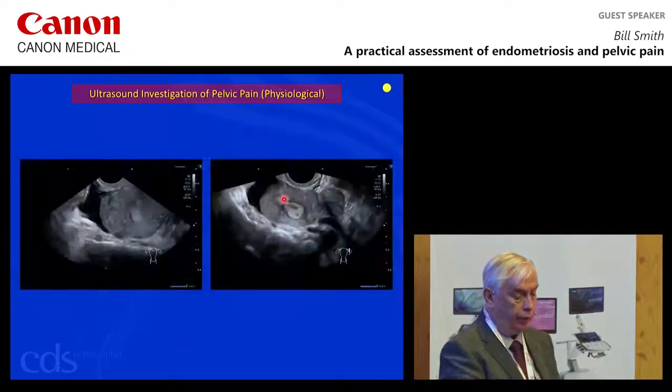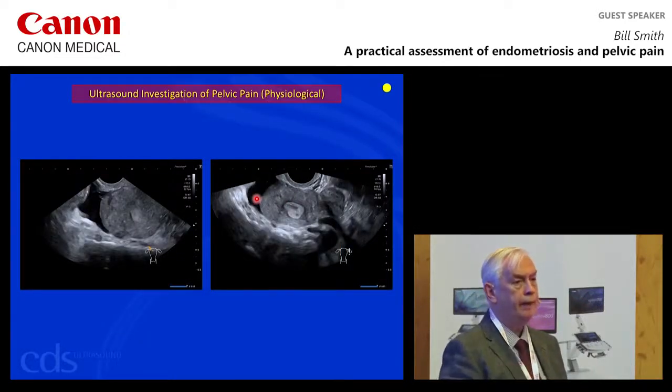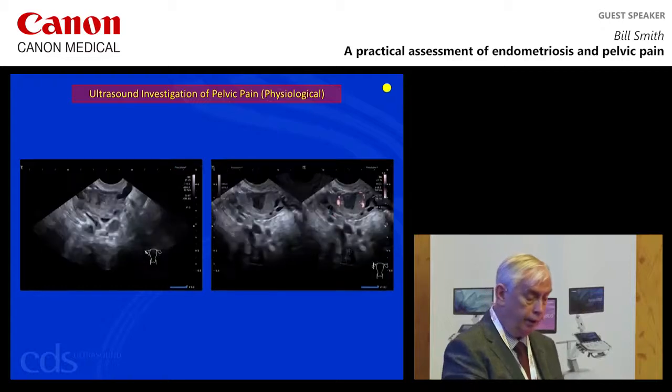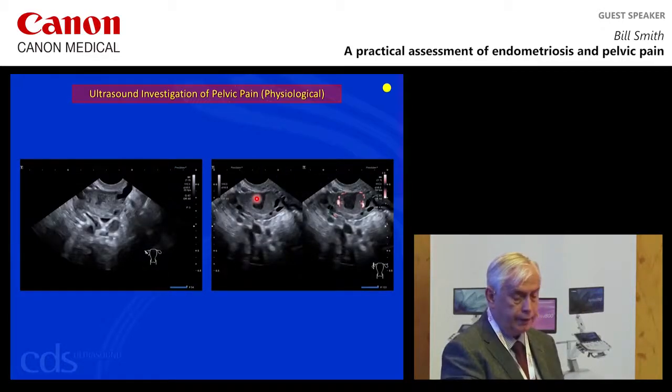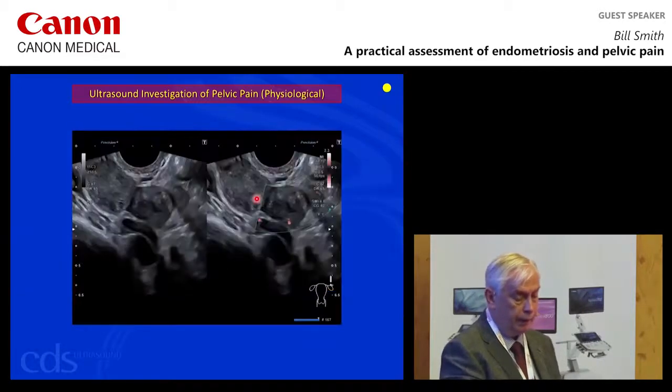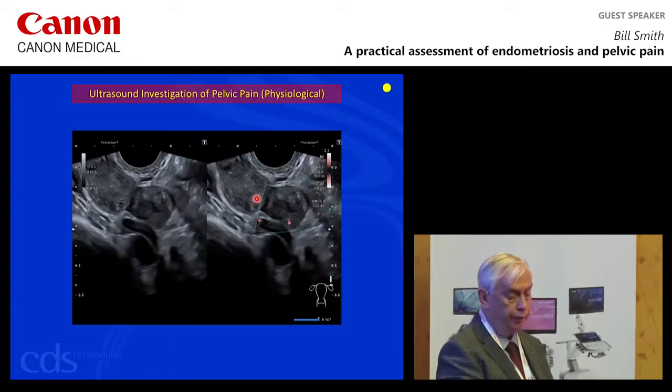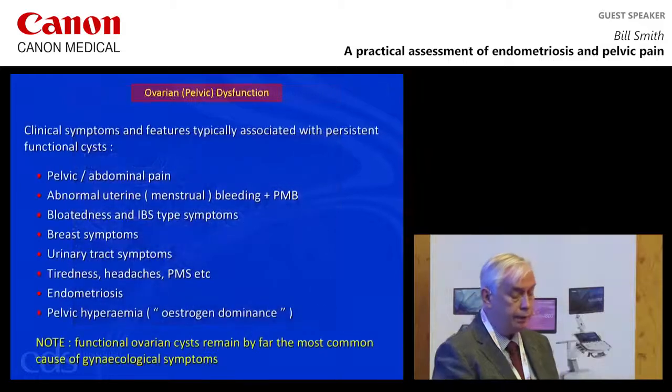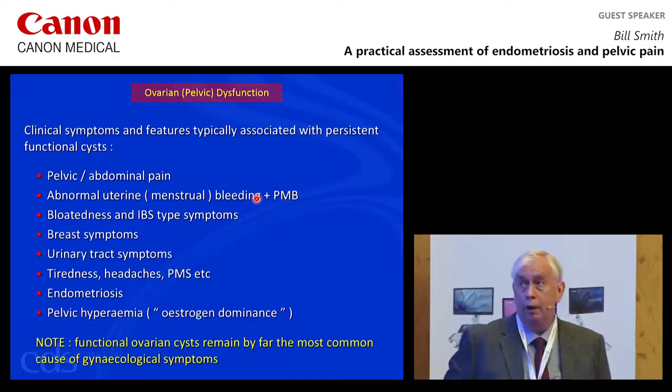So if we get fluid in the pelvis, we expect that patient to have pain. And it could be acute, it can be chronic. It does vary tremendously in terms of the way it presents, the symptoms.